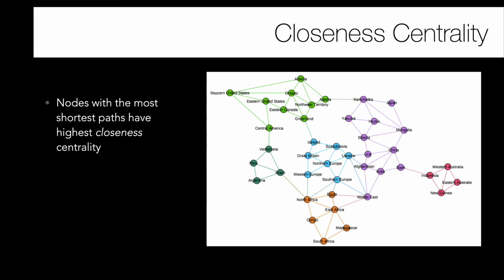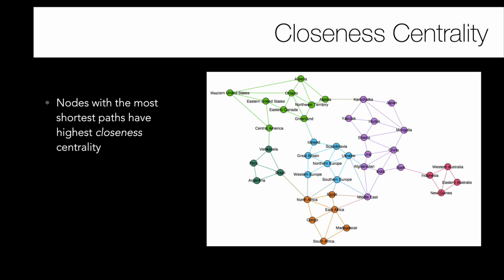In contrast to degree centrality, there's also the idea of closeness centrality. The intuition here is that nodes that have the shortest paths to other nodes have the highest closeness centrality. So what this means is, not just is a particular node close to many nodes directly, but the shortest path from that node to any other node in the graph is, in some sense, the smallest, or has the smallest average shortest path.